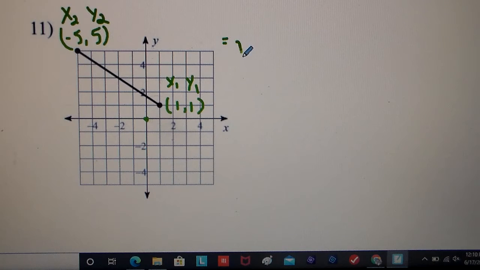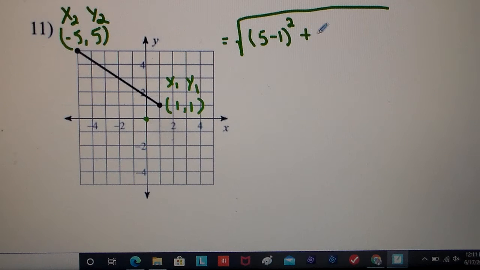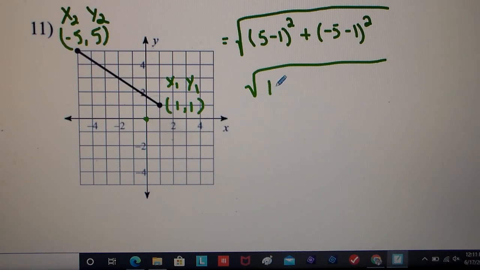To find the distance, you do the square root. y2 minus y1, so 5 minus 1 squared, plus x2 minus x1, so negative 5 minus 1 squared. 5 minus 1 squared is 16. Negative 5 minus 1 gets you negative 6, and negative 6 squared is 36.